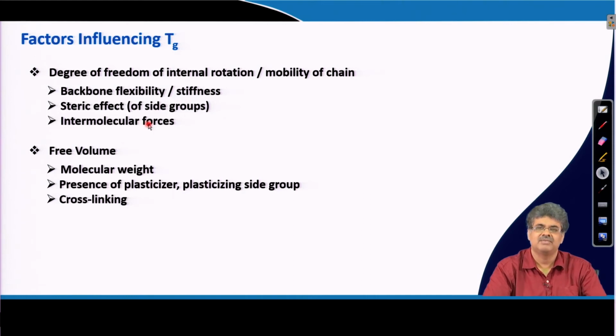If the intermolecular force is higher, obviously again the chains will not be able to rotate freely, the Tg will be higher. Similarly, the factors which increase the free volume, like reducing the molecular weight, adding a plasticizer molecule or long chain side groups, they influence the free volume. So, basically they influence the value of Tg.